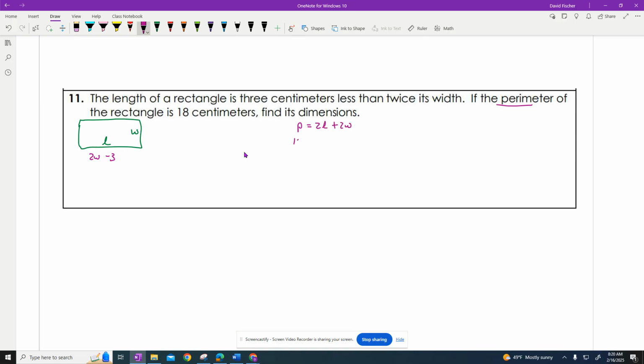I hope you have an 18 over here, and I'm sure you do. 2 times my length is 2W minus 3, plus 2W. Alright, get rid of the parentheses. Got W's and W's, that's 6W minus 6 equals 18.